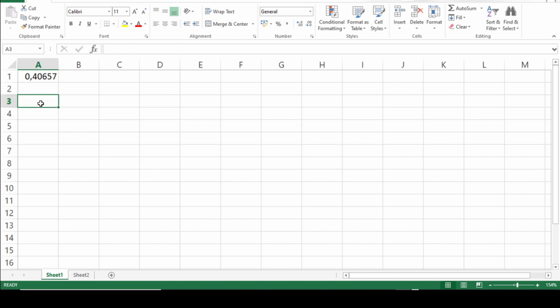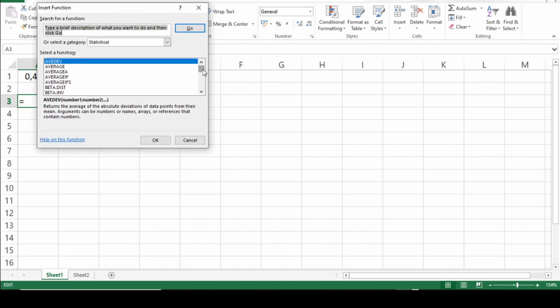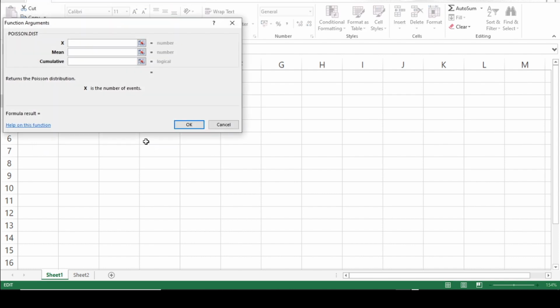Then for the second question, again we go to our Poisson distribution. We want to find the probability that v is less than or equal to 10. So I type in a 10.